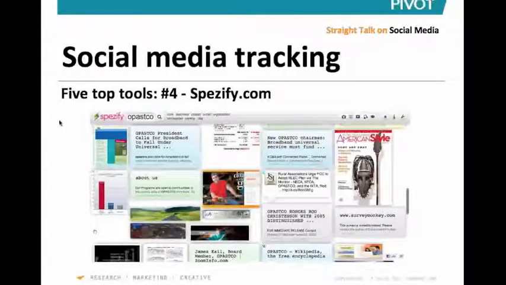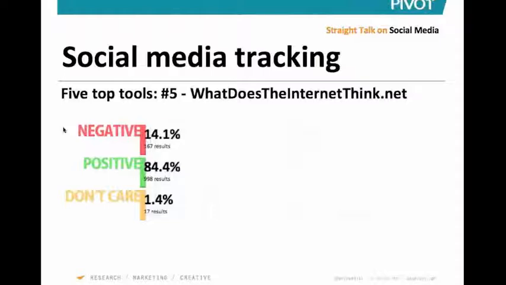And then the last tool that I wanted to show you today is called WhatDoesTheInternetThink.net. WhatDoesTheInternetThink.net tracks mentions of you and ratings of you across. You can do it using either just Google or just Yahoo or just Bing, or you can combine them and do all three, which takes longer.